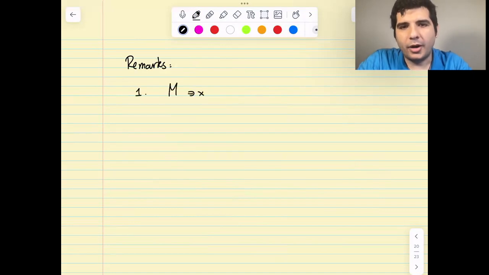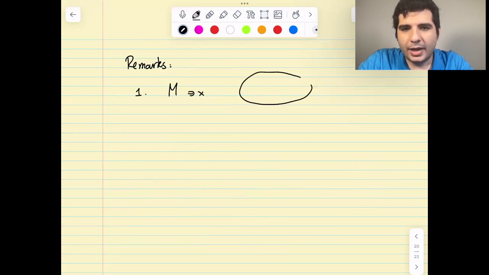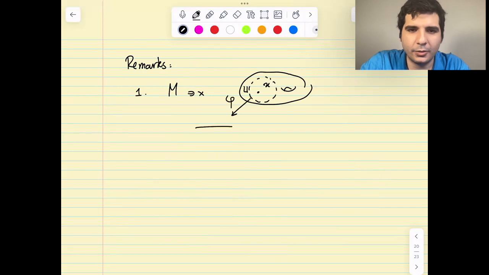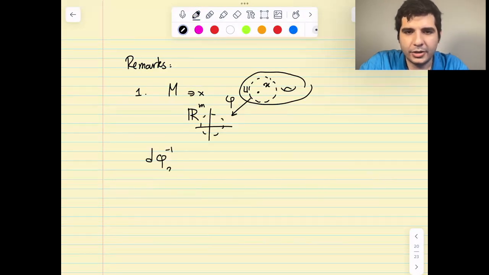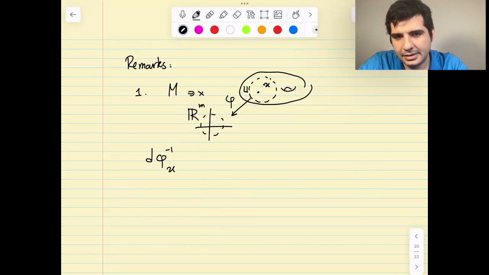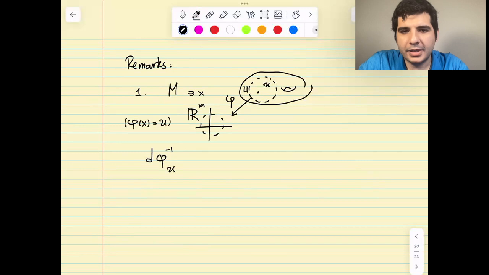Okay, a few remarks. Let's say we have a smooth manifold M. Let's say we pick a point x, and an open neighborhood U around x. Since it's smooth, there is a coordinate map phi to some open set inside R^m. Consider d of phi inverse at the point u, where phi of x equals u.